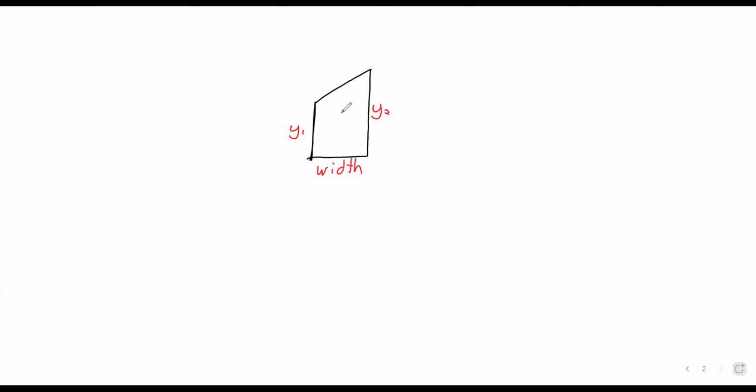We can't quite do that here, but we do something very similar. We average the heights and then take that average and multiply it by the width. So the trapezoidal rule comes from using trapezoids and from using this area formula instead of the rectangular base times the height formula.